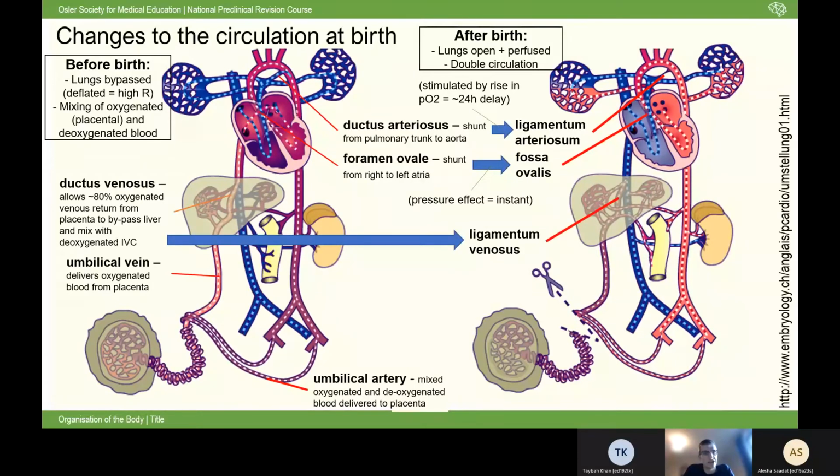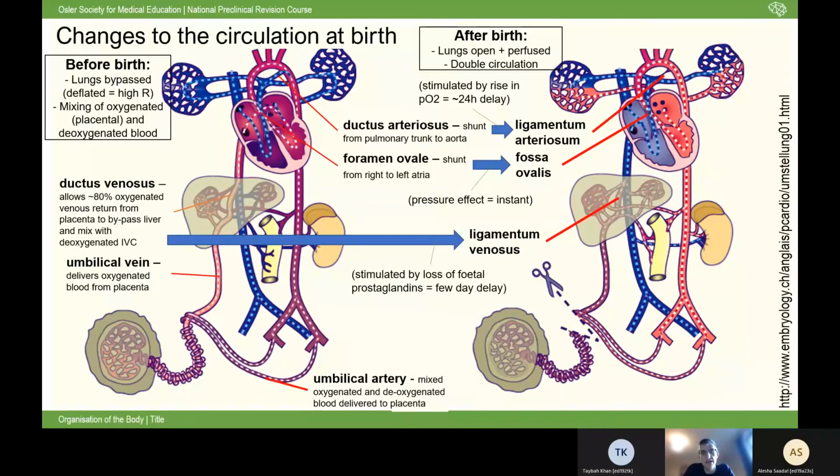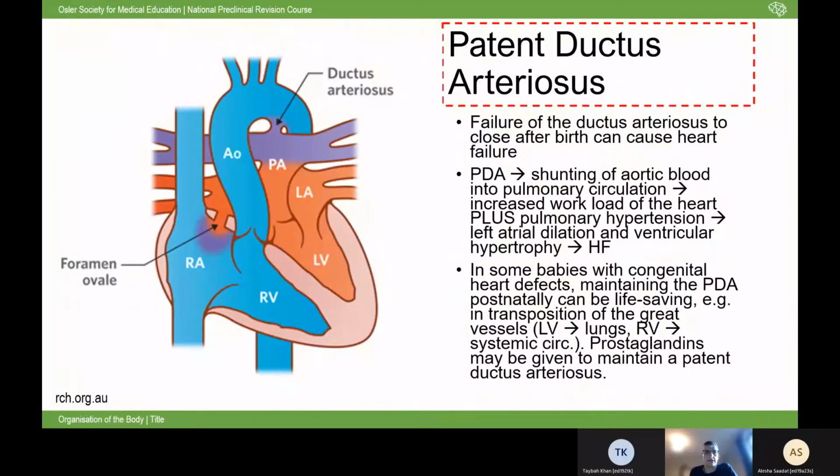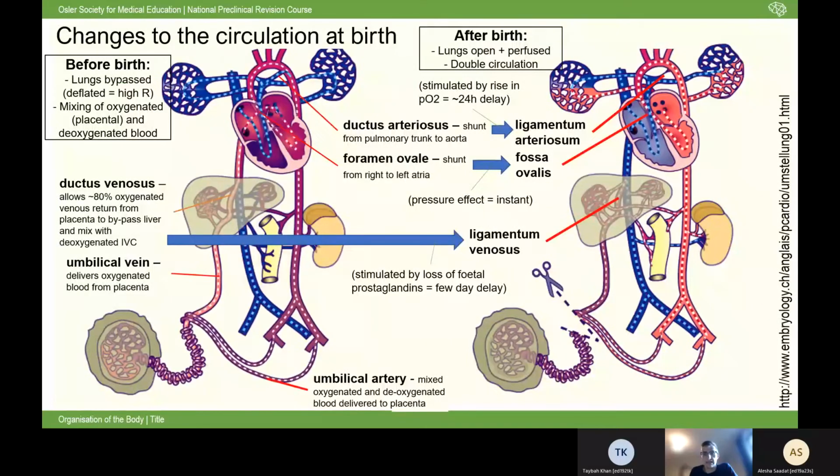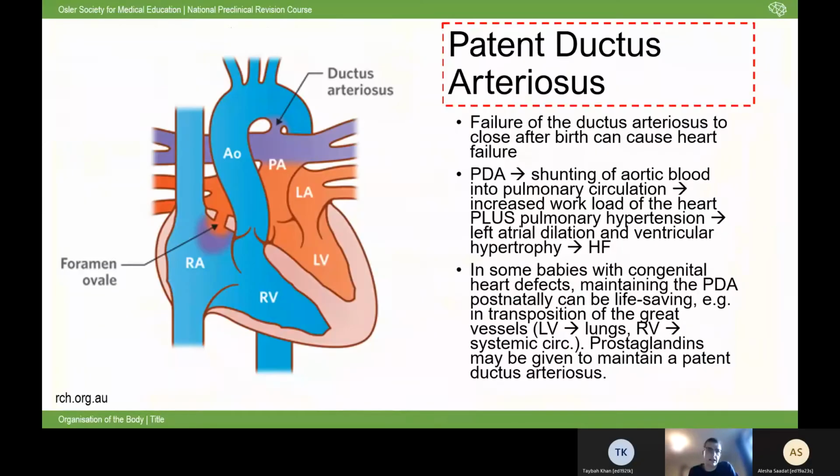We also have some changes to these areas further down, and that ductus venosus changes, it degrades, but it takes a few days rather than the other changes, which are more instant, and it's to do with prostaglandin signaling, and that is kind of how we establish the adult circulation, the double circulation, where the heart and lungs are treated separately.